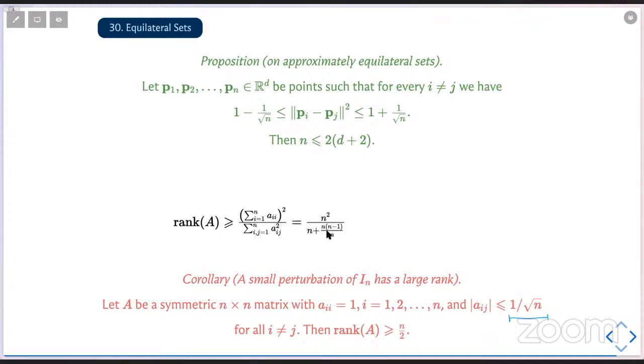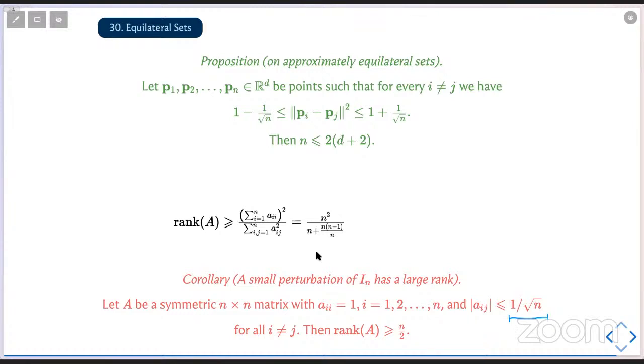But because it's in the denominator, it's okay to substitute an upper bound, because that only makes this quantity smaller, and hopefully the inequality works out in the right direction.